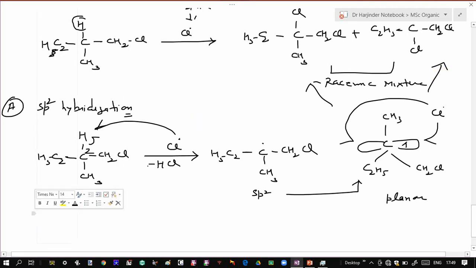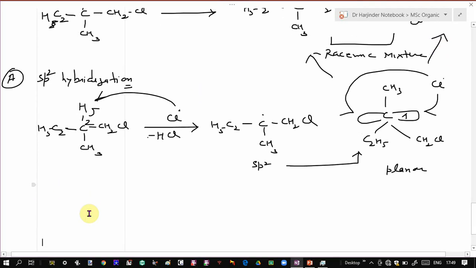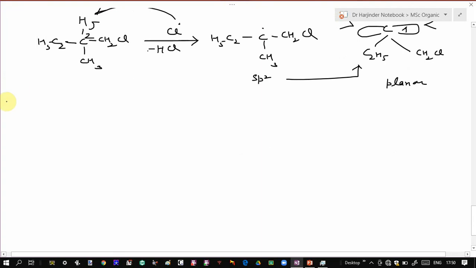On the other hand, if it has sp3 hybridization or a pyramidal geometry, just like in the case of carbanions, in that case also it will give rise to a racemic mixture. Why?